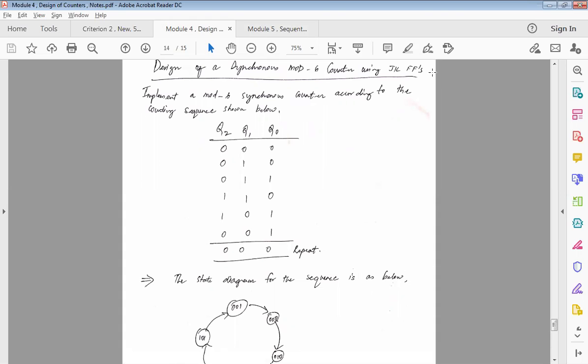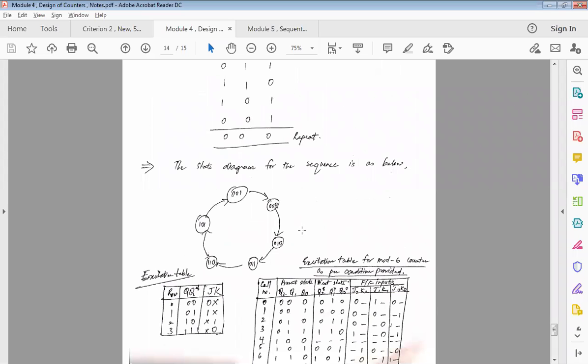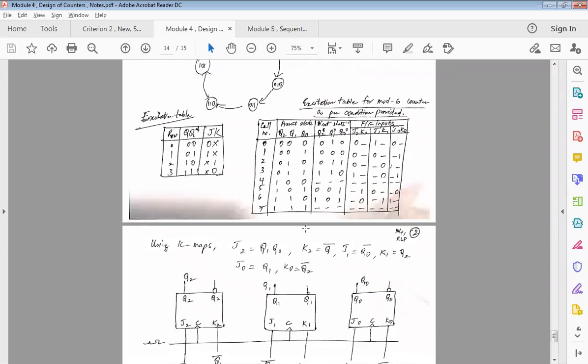So here also we will be using JK flip-flops, and we want to implement a mod 6 synchronous counter according to the counting sequence. So till here is your question. Sometimes in your question they can only give this tabulation and tell you to get the implementation done. So how do we go about it?